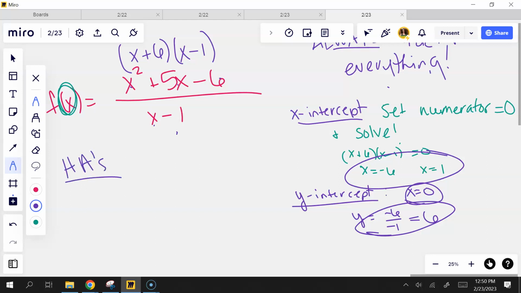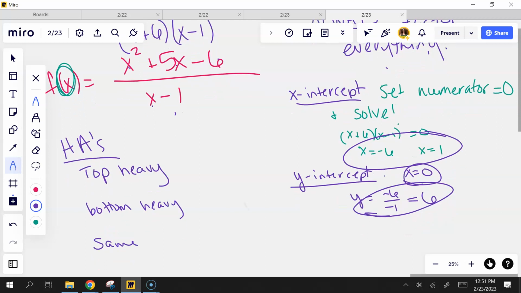Horizontal asymptotes. Do y'all remember how to find them? Y'all obviously do not remember this.